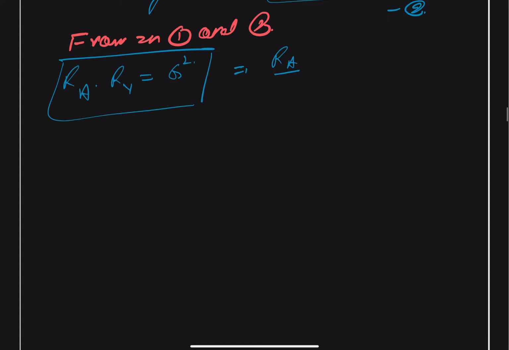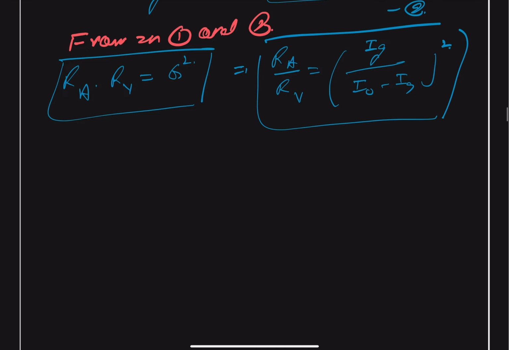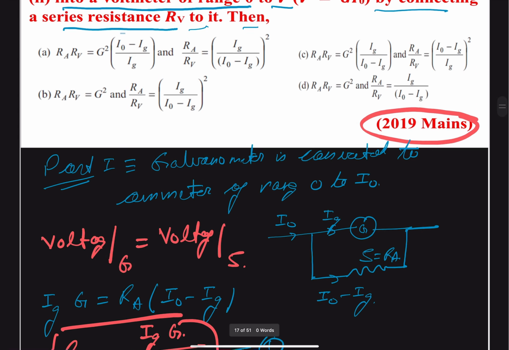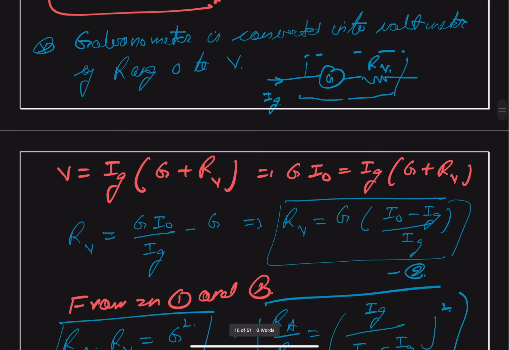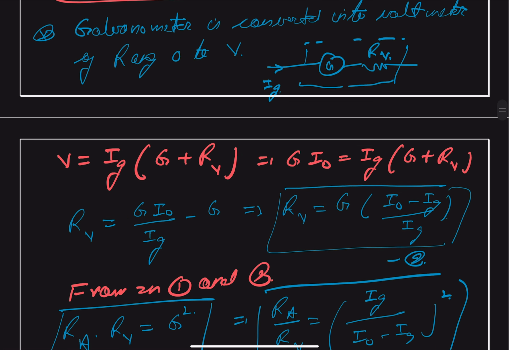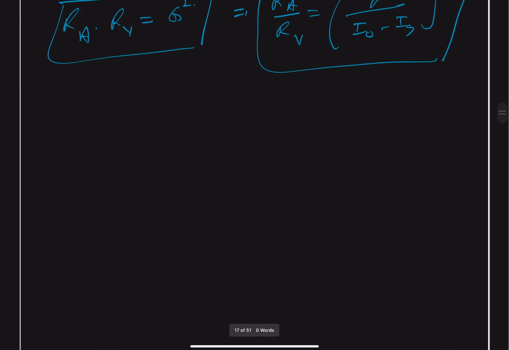So RA upon RV will be equal to Ig divided by I naught minus Ig, whole square. So the option that is the correct one is option B. You can say option B is correct.